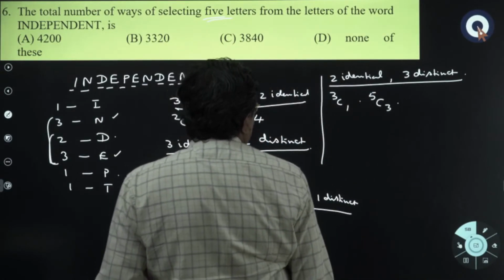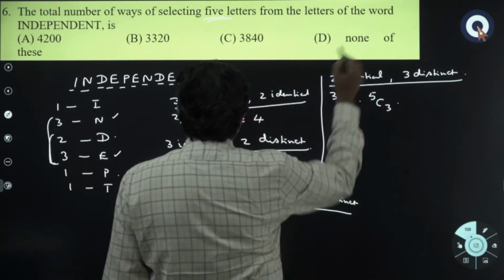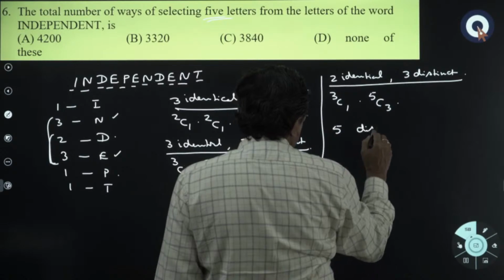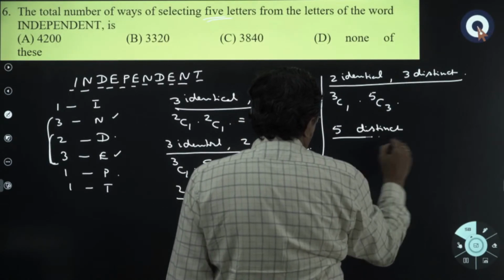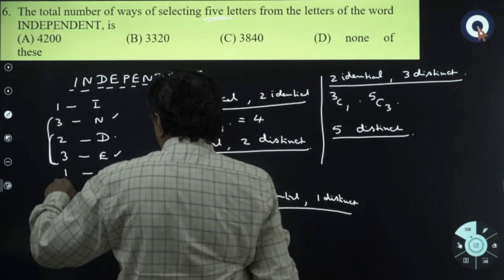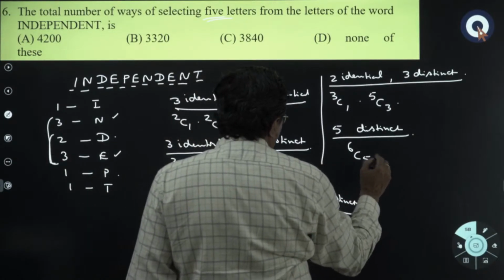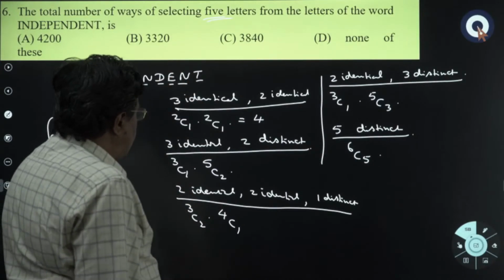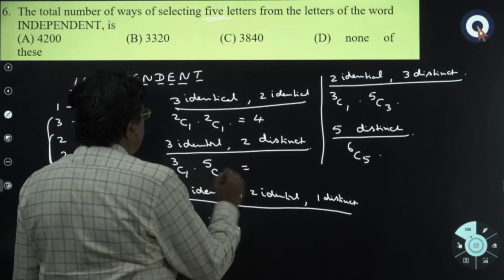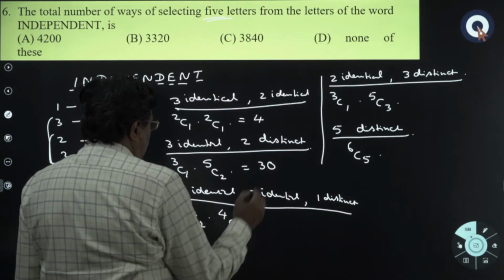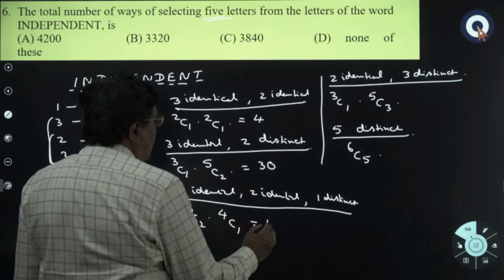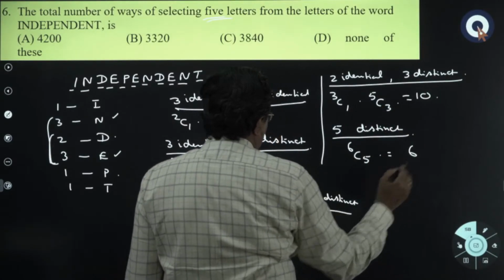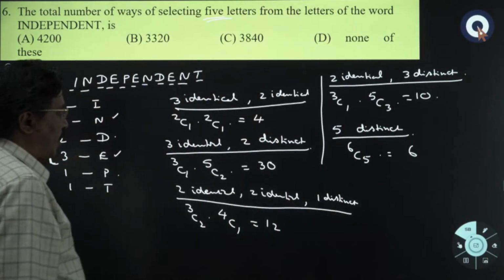And then there is all 5 distinct. This also you can do. All 5 distinct means out of 6 varieties, take any 5 varieties and take 1 each. So your final answer is the sum of all this, which you can simplify. This is 10 into 3, 30, and this is 3 into 4, 12, and this 10 into 3, 30, and this is 6. The sum of all this will be your required answer.